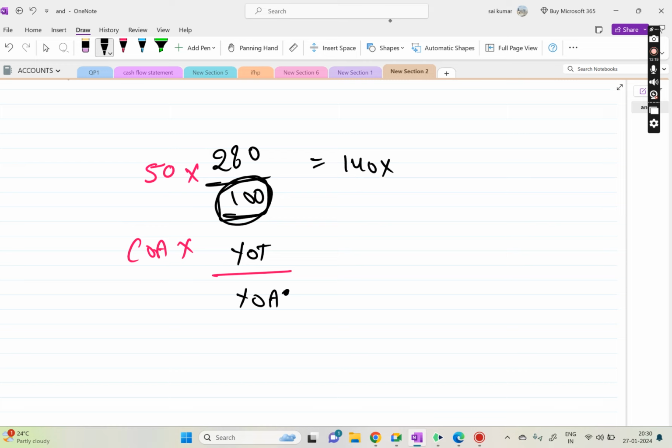You multiply with number of shares, which is 100. Or you can do 100 into 50, it's better if you do this only. Cost of acquisition is 100 into 50 into 280 divided by 100. So you're going to get 14,000.